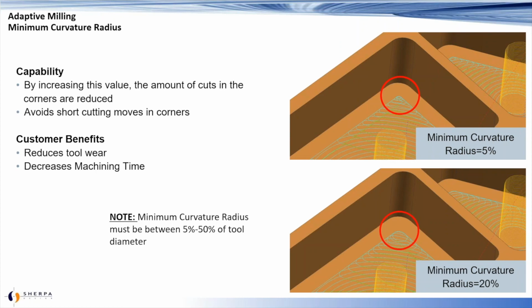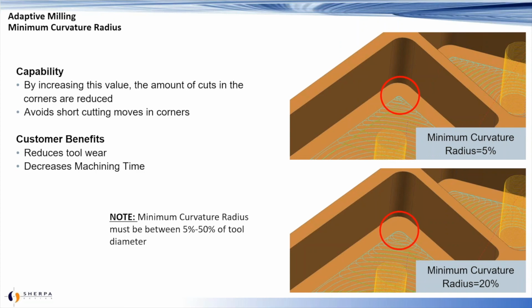And so now it allows you to increase that radius, which will leave a little bit more material, but you can come in there with a more refined toolpath and clean that out. And so this allows you to maintain that fast, efficient toolpath with adaptive milling.